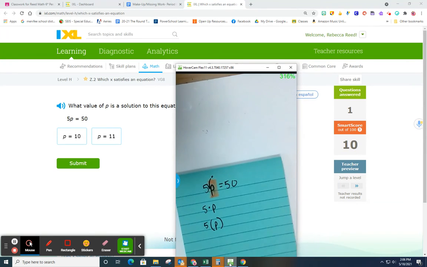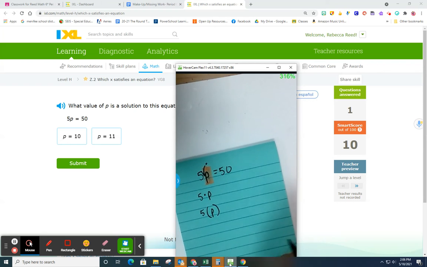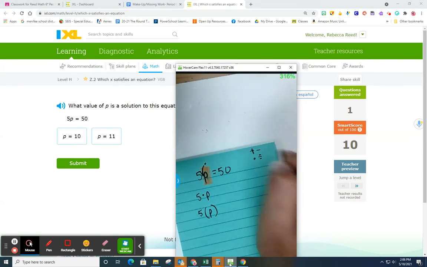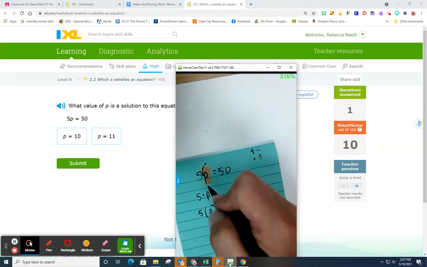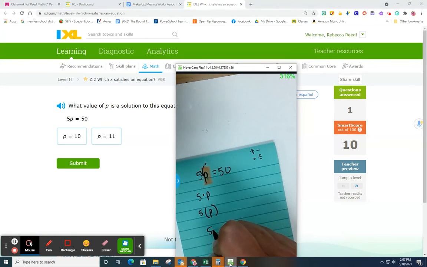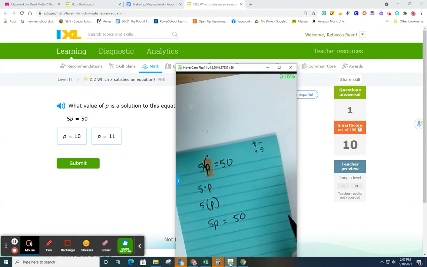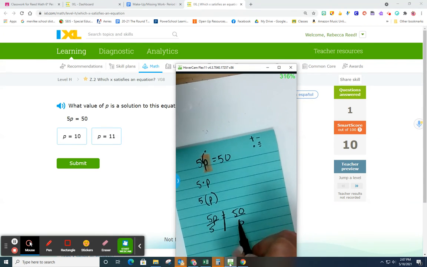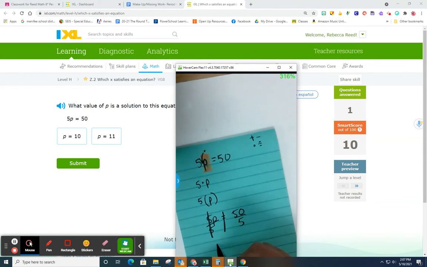But we don't know what p is, so we're going to solve for that. What's opposite of multiplying? Remember, addition and subtraction were opposite of each other, and multiplying and dividing are opposite of each other. So in order to undo, to figure out what p is, I can get rid of that 5 by dividing by 5 on both sides.